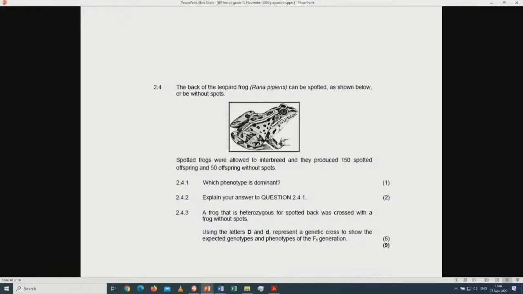Now a frog that is heterozygous for spotted back was crossed with a frog without spots. Use a genetic cross. Using the letters capital D and small d, represent the genetic cross to show the expected genotype and phenotype of the F1 generation, for 6 marks.